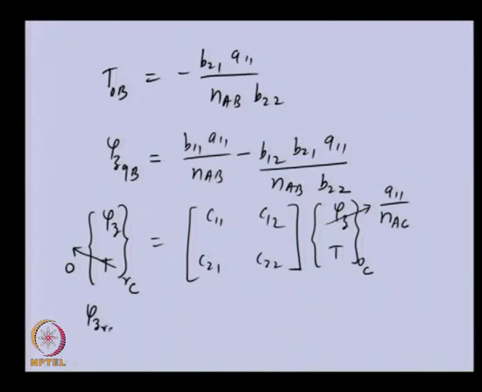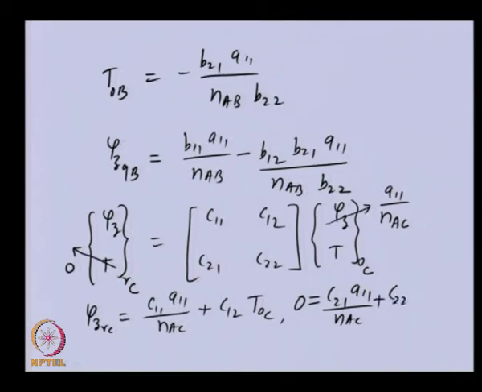Phi Z of C is equal to C11 A11 by NAC plus C12 T naught C. This is the first equation. The second equation will be 0 equals C21 A11 by NAC plus C22 T naught C. So, these are the two equations. Again we can solve for this, and we can eliminate T naught C from here.